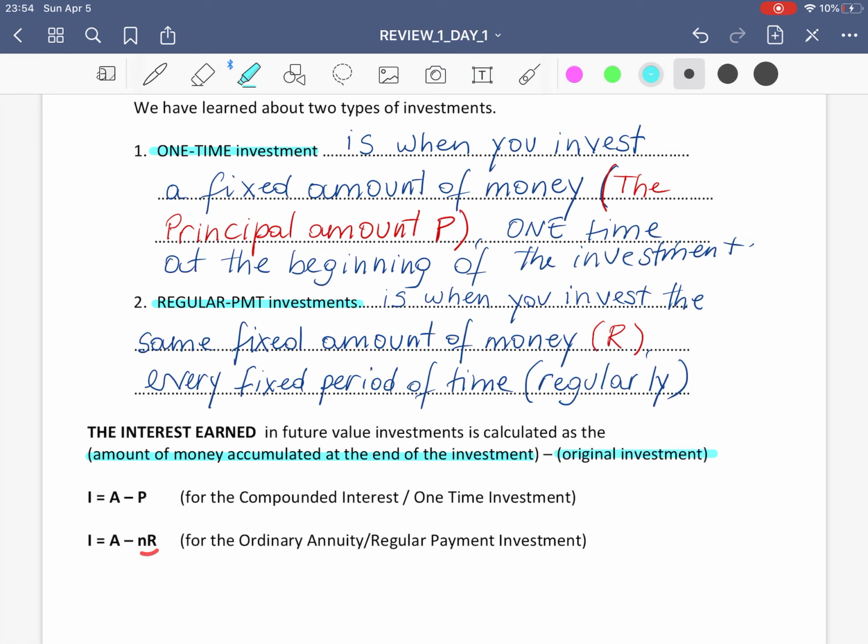It's kind of common sense as well, but we do have a formula for each type of investment if we want to use one. For a compound interest investment, we have the formula I equals A, which is accumulated amount of money, minus P, which is the principal you invest once.